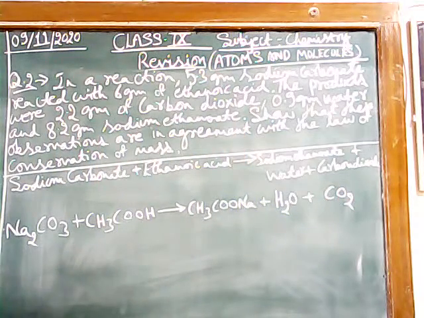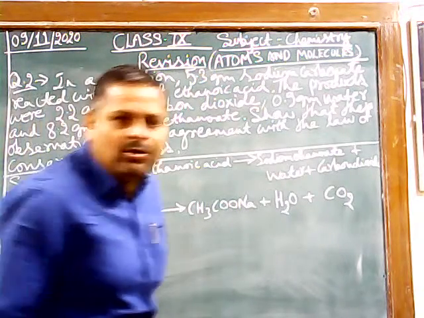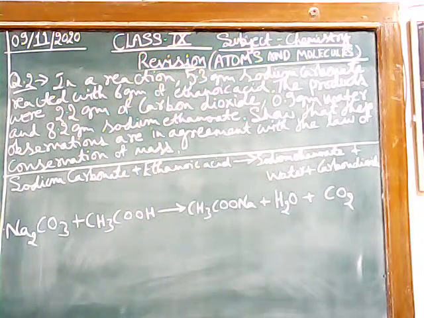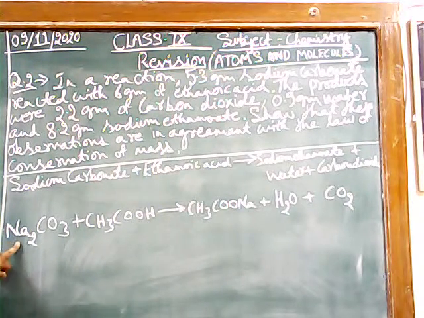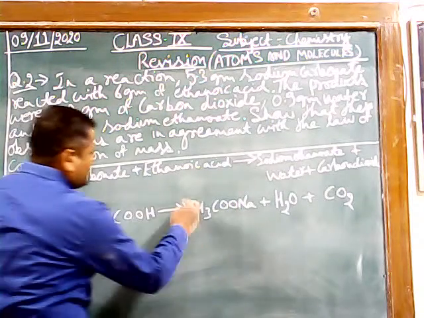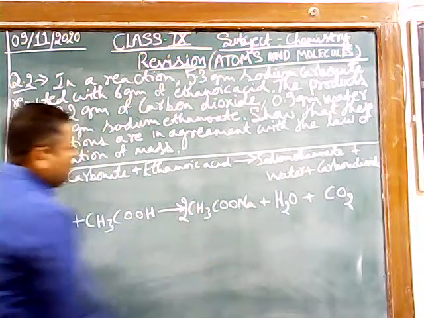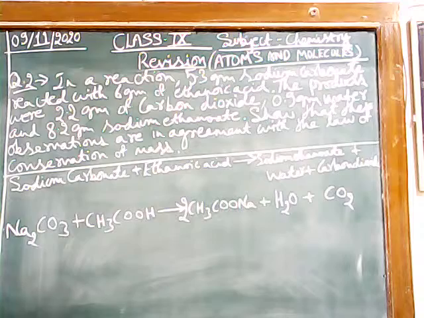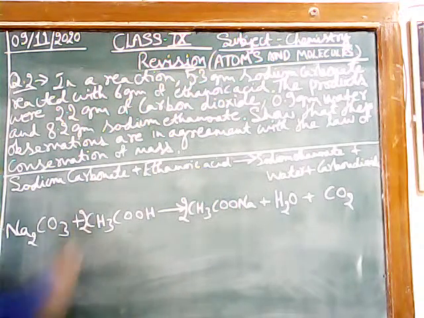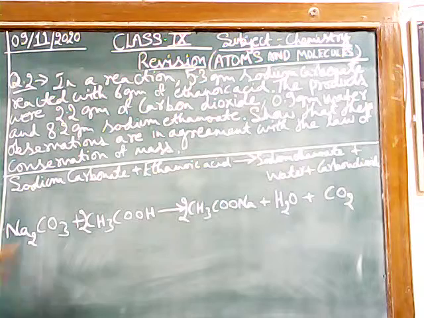Now we have to balance this equation first. See, there are two atoms of sodium on one side, one atom on the other. So we will balance this. Multiply by 2, and here also we have to multiply by 2. Now we will check. 2 atoms of sodium.